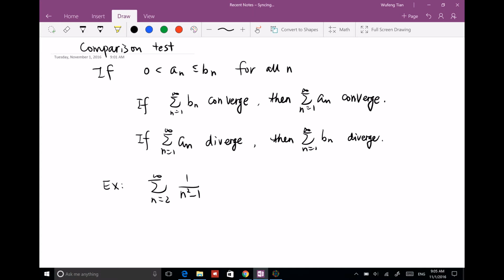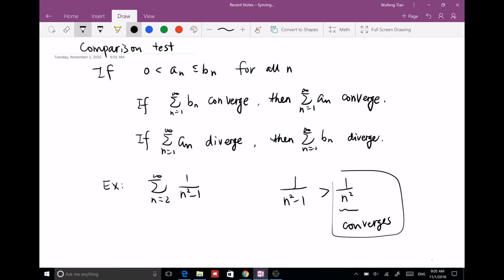It's not working very well because if you compare it with 1 over n squared, which converges because it's a p series, 1 over n squared minus 1 compared with 1 over n squared. Yes, 1 over n squared converges because p equals 2. However, 1 over n squared minus 1 is greater than 1 over n squared. Even though this one converges, you don't know if the other one converges or diverges because it's bigger than that series. If it's less, then yes.